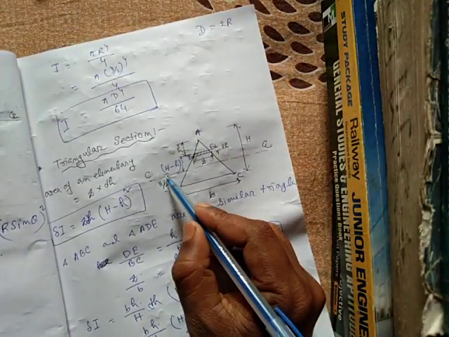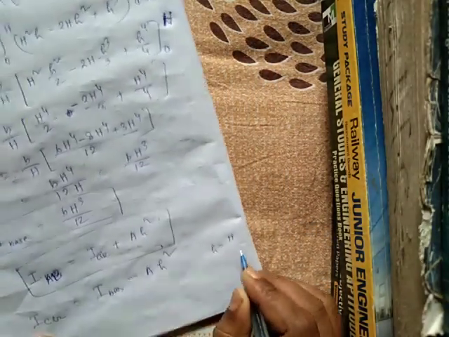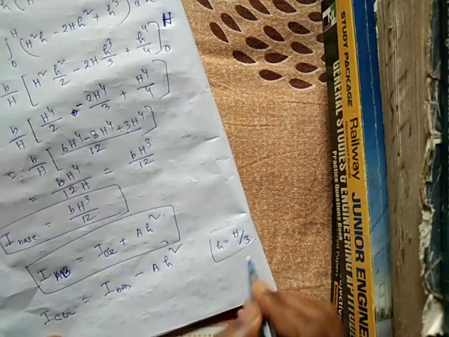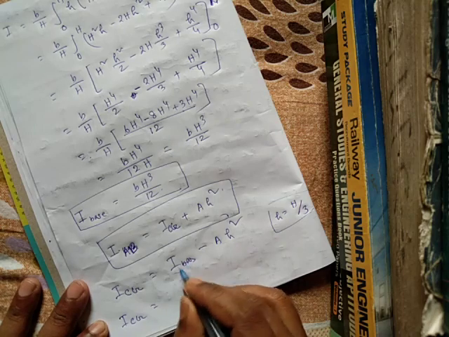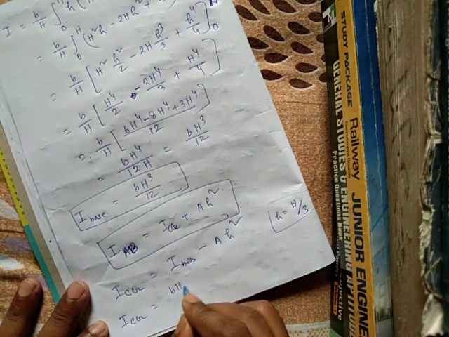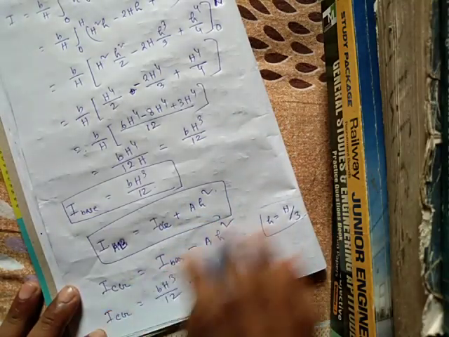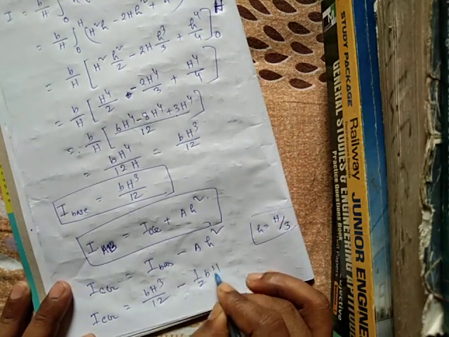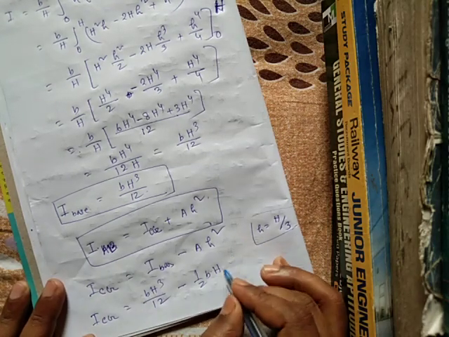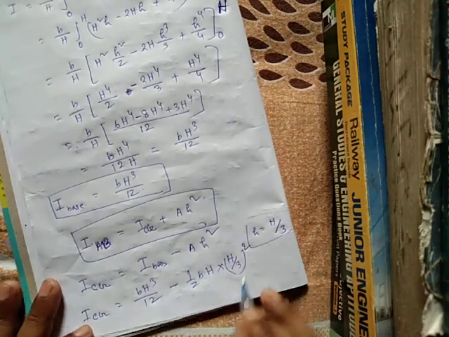So the moment of inertia about the CG equals b H cube divided by 12 minus the area of the triangle, half into base into height, into (H by 3) whole square.